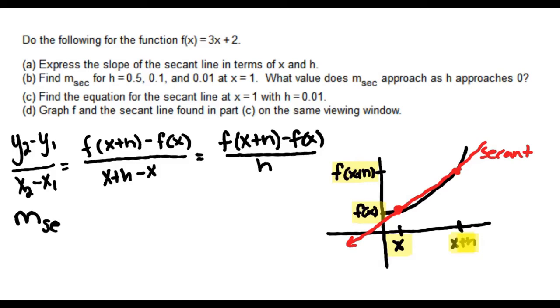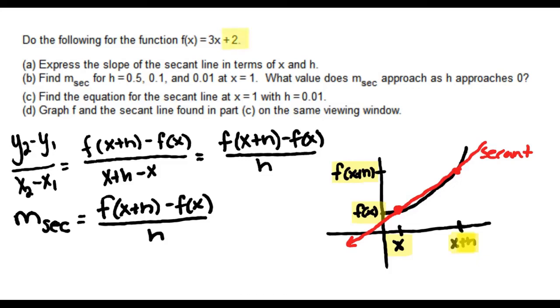So we label that with m for slope with a subscript of SEC for secant line. So our formula for slope of the secant line is f of x plus h minus f of x over h. That's a general formula for the slope of the secant line.